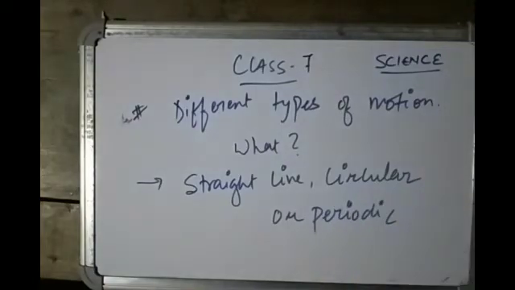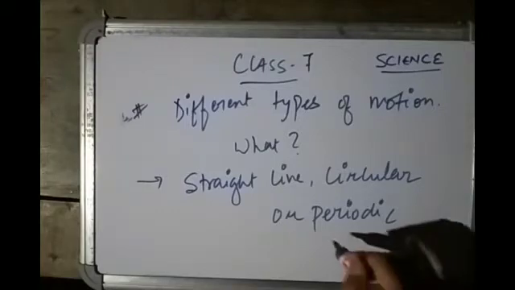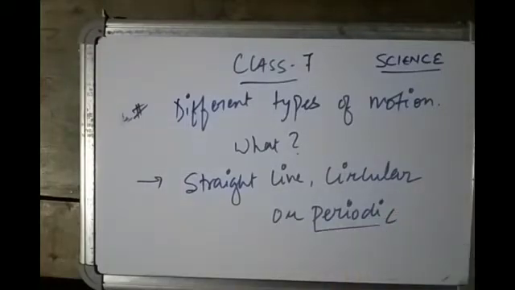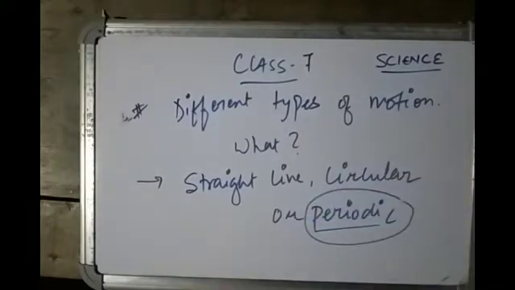When you try to remember an example of periodic motion, see the example of a pendulum. In class 6 you have learned that the motion of a pendulum is periodic motion.